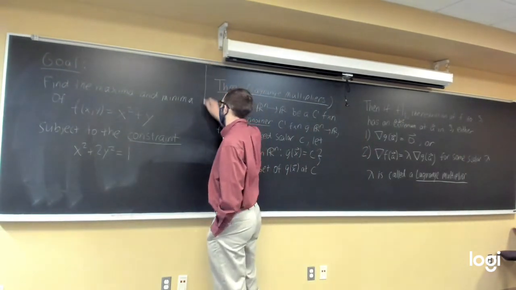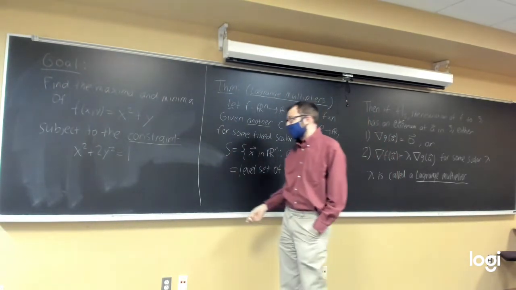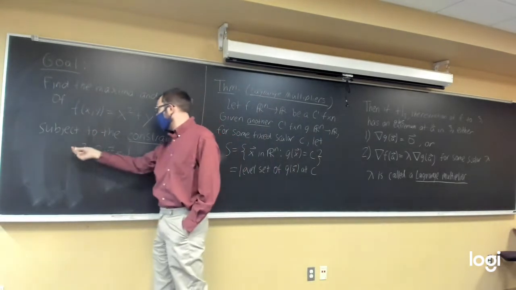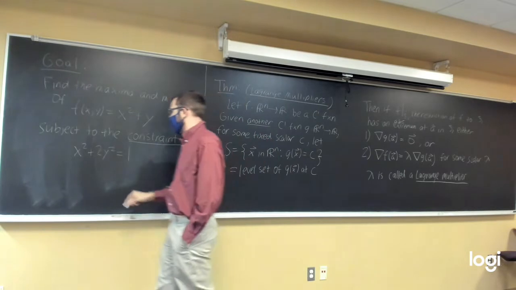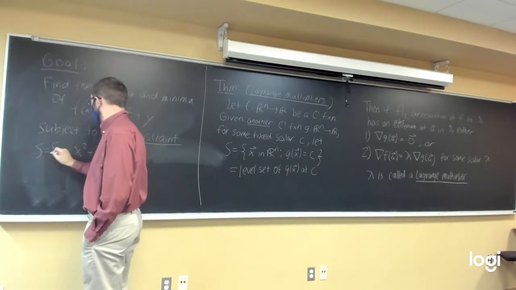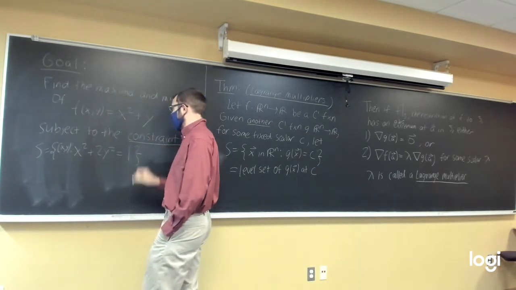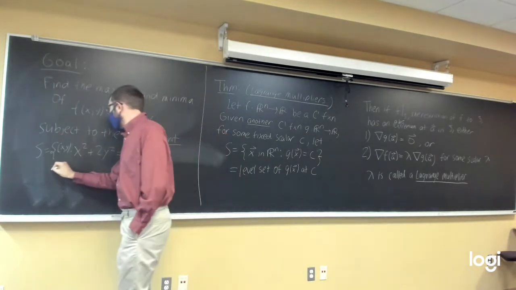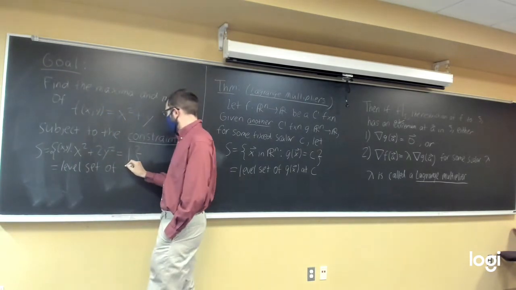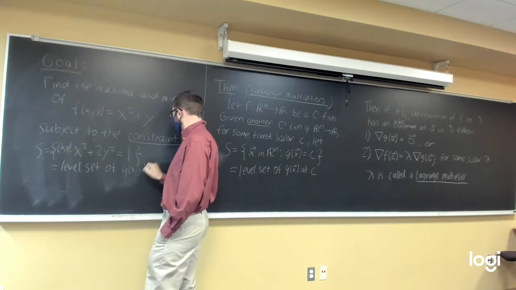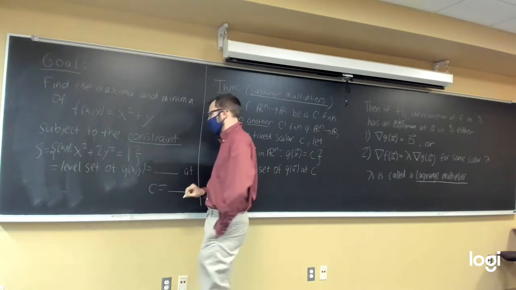In the example we're looking at, where the function f of xy is x squared plus y, here, the set of points where x squared plus 2y squared is equal to 1, we can think about S here as being the set of points xy such that x squared plus 2y squared is equal to 1, which is going to be the level set of the function g of xy equals blank at c is equal to blank.